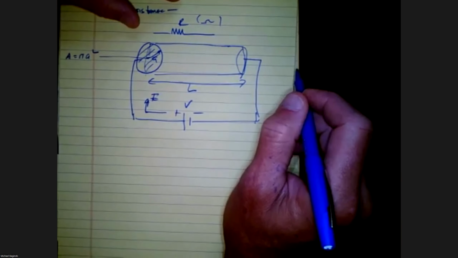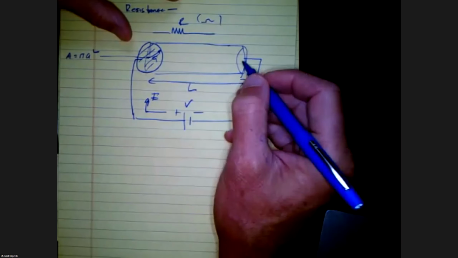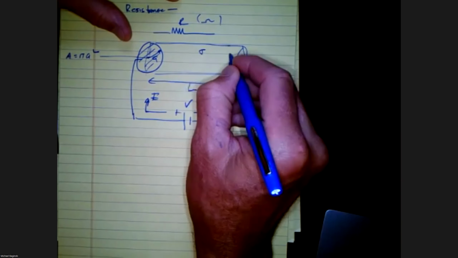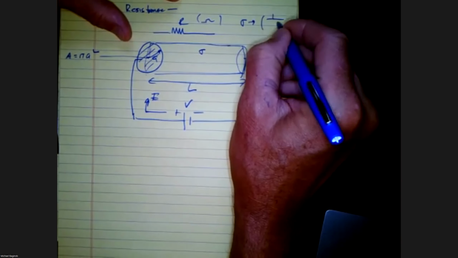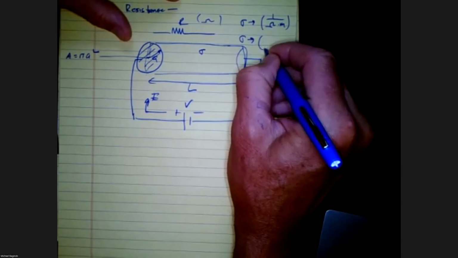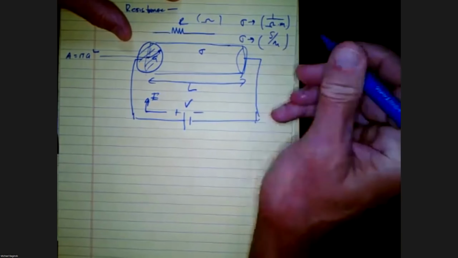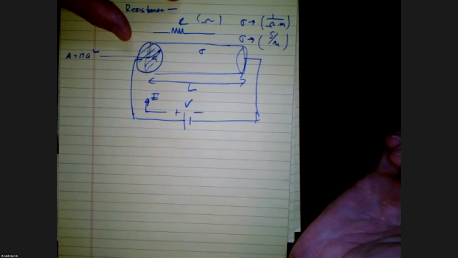Now I have to talk in terms of the values. There's a material parameter called sigma, and sigma has the units of 1 over ohm meters, or sometimes just Siemens per meter. Siemens is 1 over ohms. Those are the units.